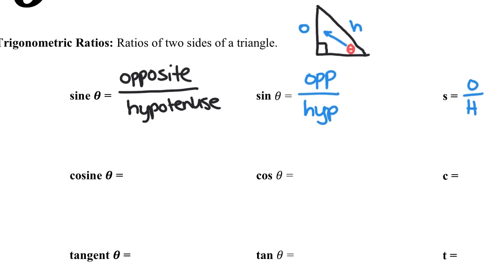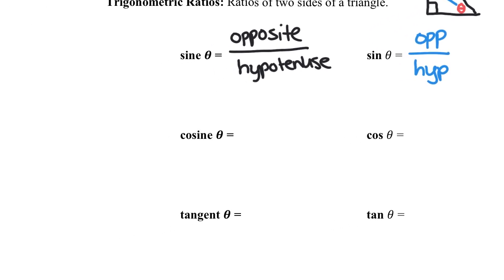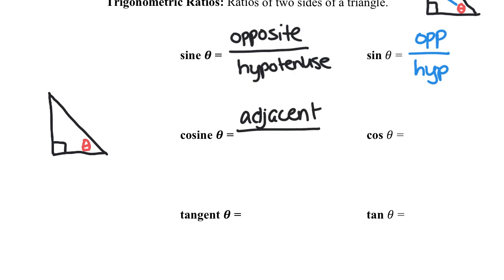Okay. Now our cosine. Again, if we're given a right triangle and we are given an angle theta, and it has to be one of the acute angles, our ratio for cosine is going to be the adjacent side compared to the hypotenuse.